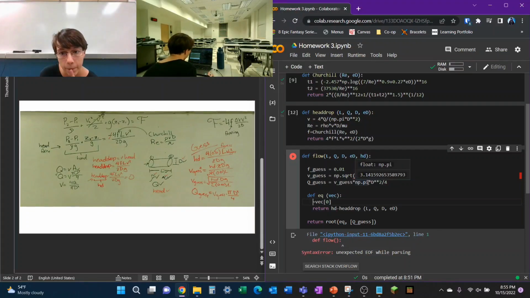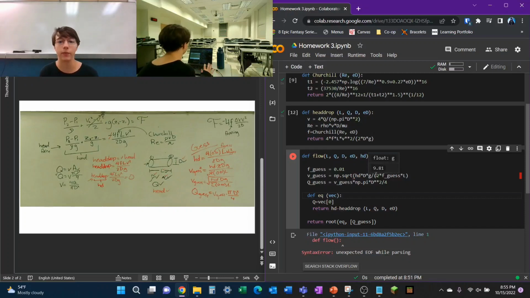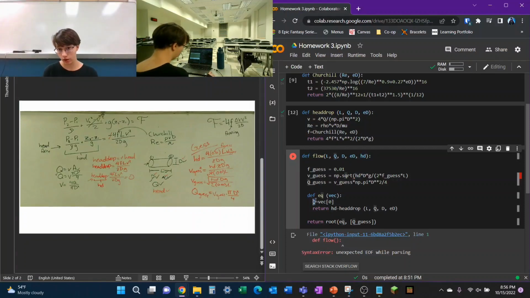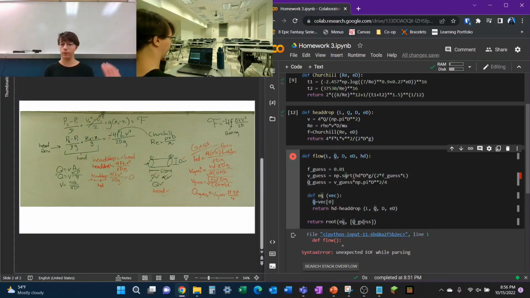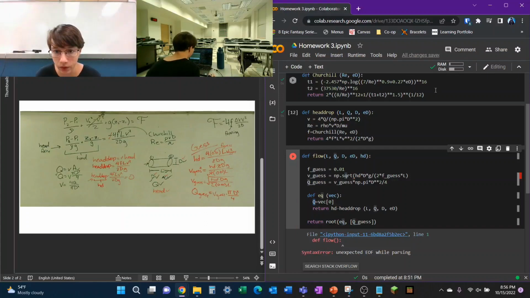And then this is going to take in Q, because that's what we don't know. I had it mixed up with this one up above. We do know head drops, that'll go in originally, and then this equation will take in Q, because that's what it's going to iteratively solve through the root solver, because that's what we're trying to solve for. So, I think it's all good now.